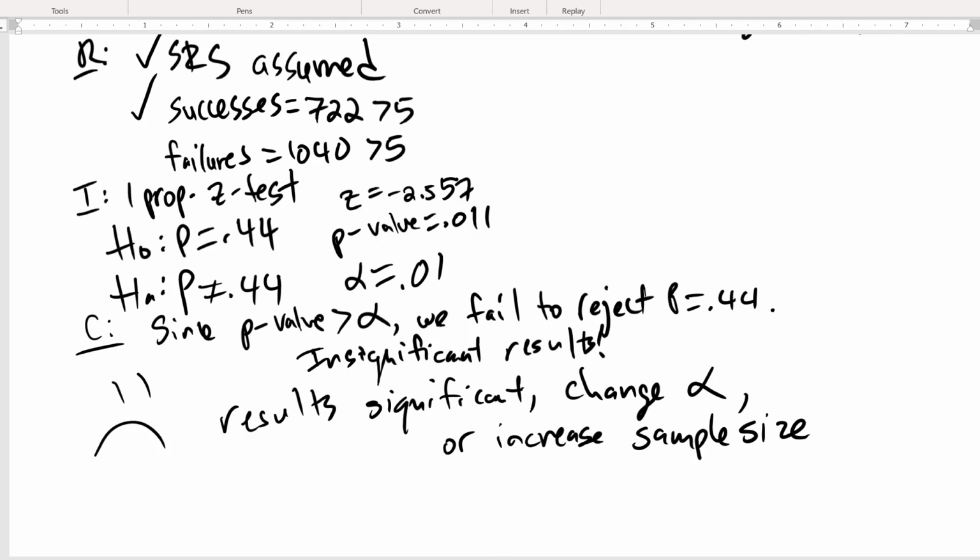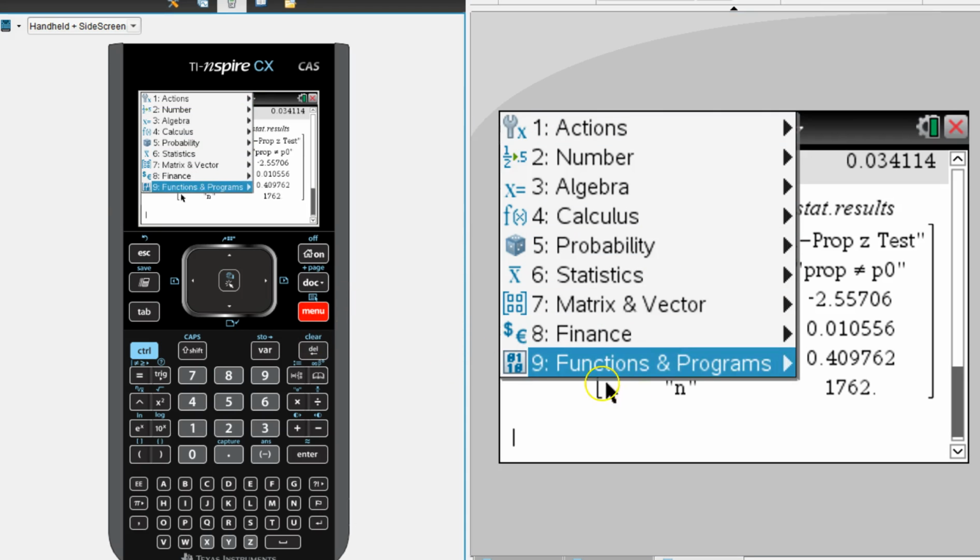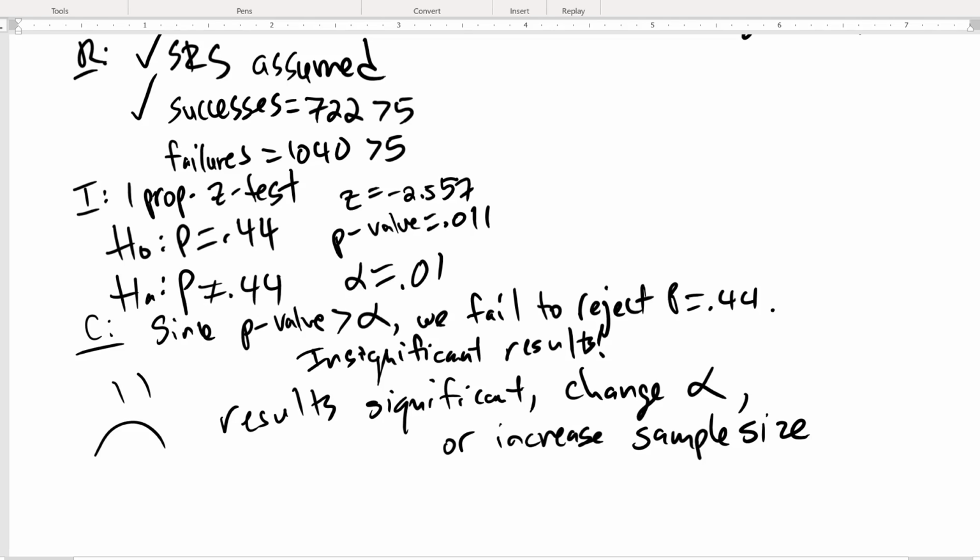What does that do? A larger group deviates less. So if my results had been 7,220 out of 17,620, I just multiplied each one by 10.